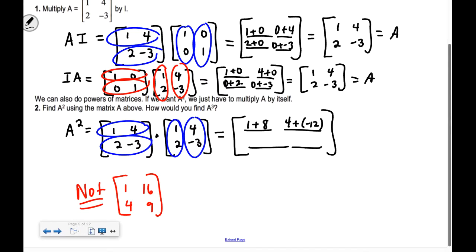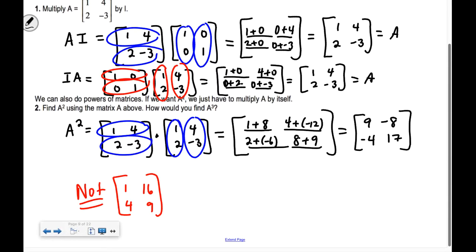Then the next spot, I have 2, and then I move, negative 6. So 2 plus negative 6. And then I do the last spots: last row, last column, 8, and I move, 9. So your answer should be 9, negative 8, negative 4, 17.